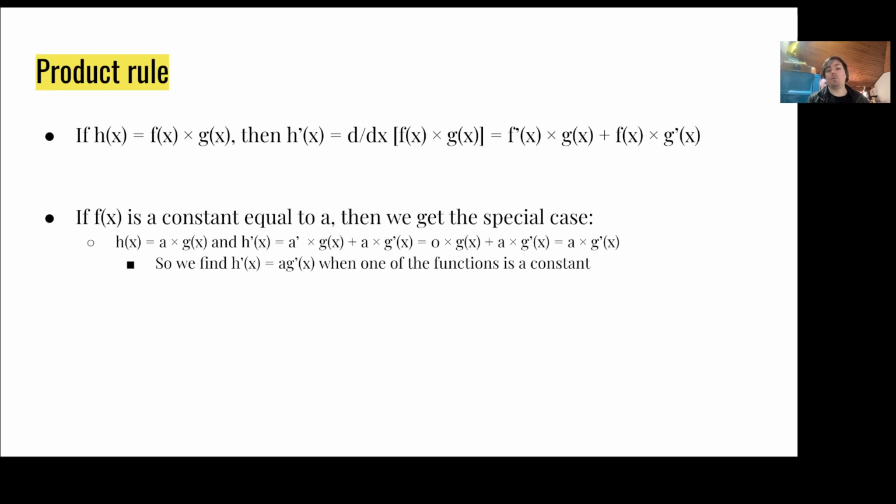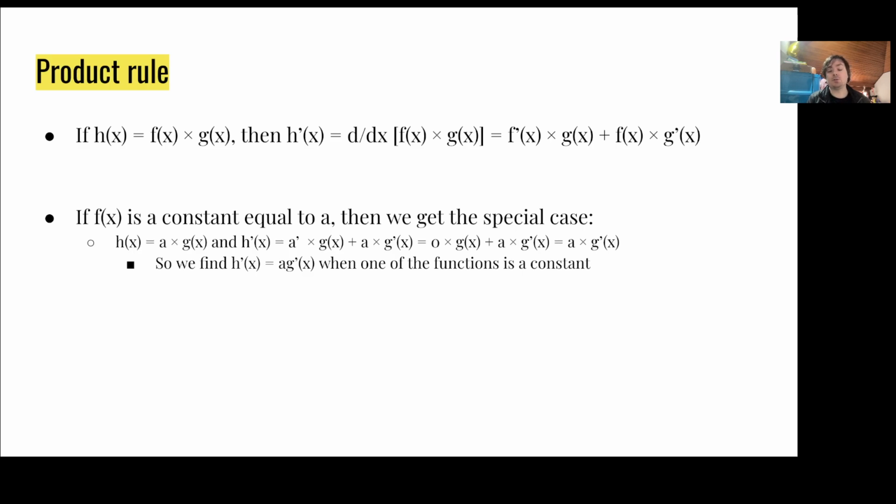Okay, but one special type of product rule is that if one of the functions is equal to a constant, say if f of x is a constant a, we get a special case. Remember that the derivative of a constant just equals 0.